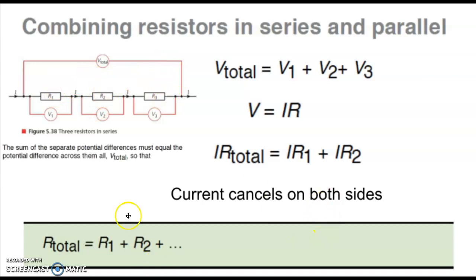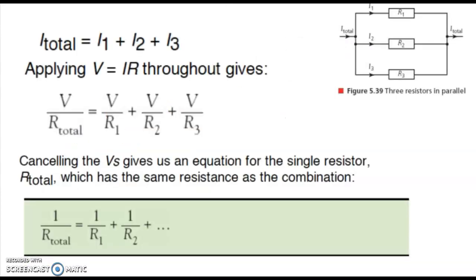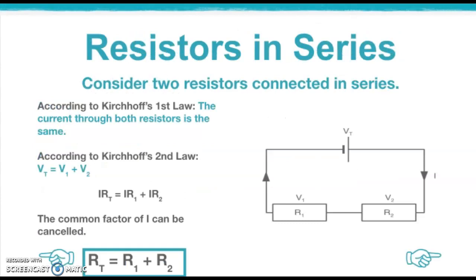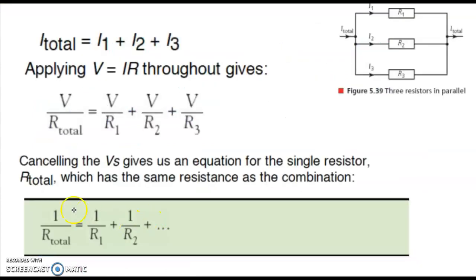Okay, I'm not going to discuss the proof just yet. So RT is equal to R1 plus R2. So that would be the relationship for resistance in series. The resistance in parallel is a little bit more complex. Here we go. 1 over RT, 1 over the total resistance in parallel, would be equal to 1 over each individual resistance separately.